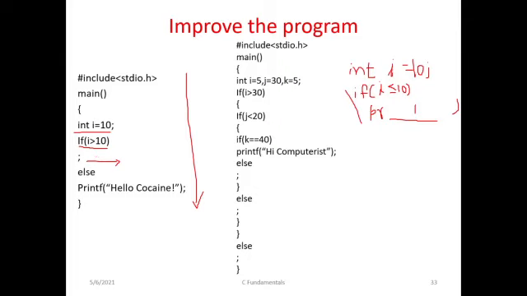If part is nothing, else part is getting printed. Instead of that, why should I go for the else part unnecessarily? I can do it like this. If i less than or equal to 10, you should not go for only less than. Sometimes equal to is also there, which is covered here, right? So the same thing you have to cover. Less than or equal to 10, printf hello, right? Once again, let me take the eraser.